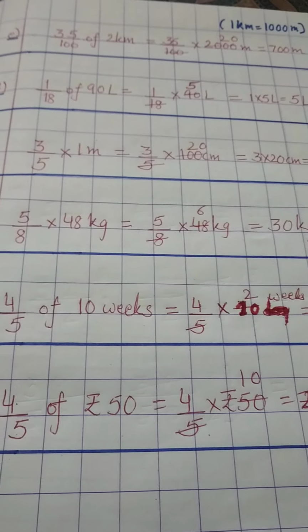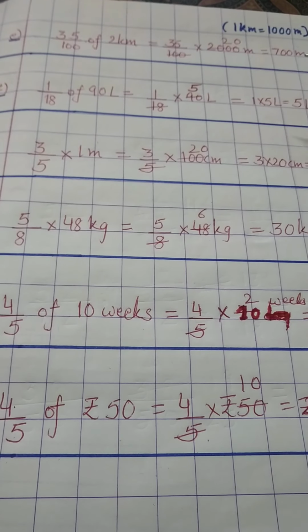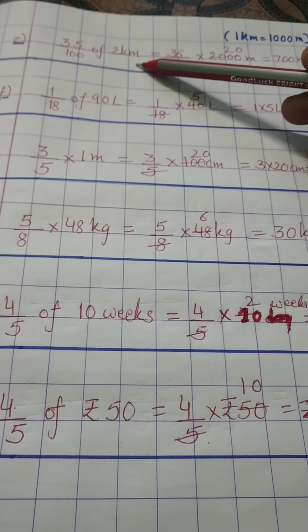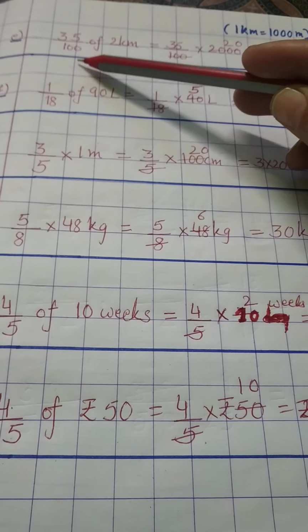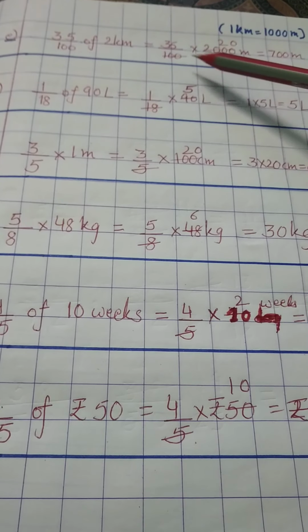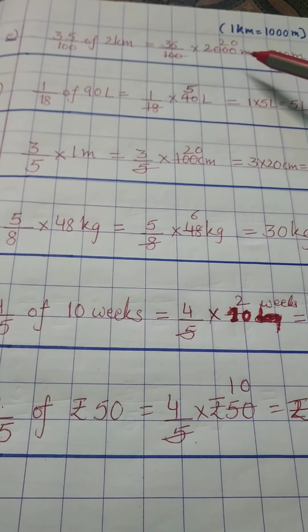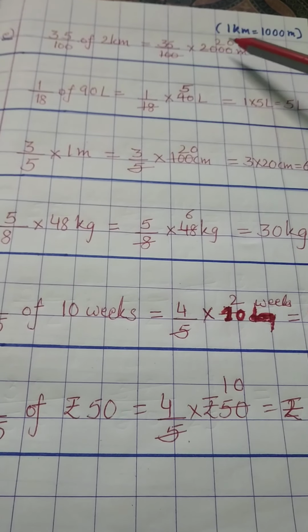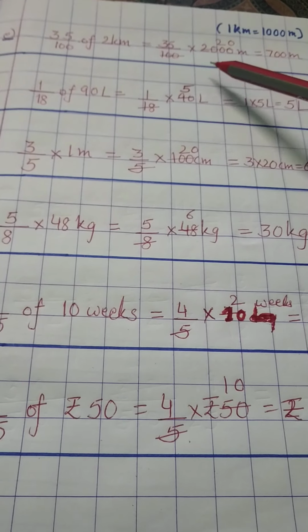So next question is 35/100 of 2 kilometer. So 100 is there and 2 kilometer is there. We will change this kilometer into meter. So we will write 1 kilometer is equal to 1000 meter. Instead of 2 kilometer, we will write 2000 meter.